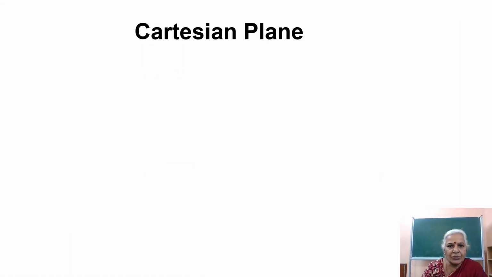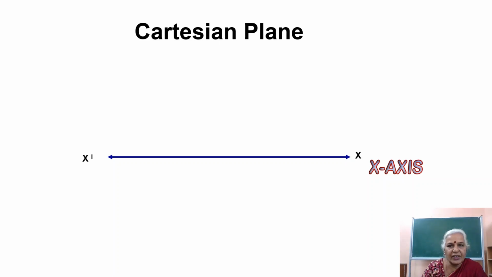Now you know what is Cartesian plane. One is x-axis. This is the horizontal one. This is called x axis, and this is y-axis, y dash axis.